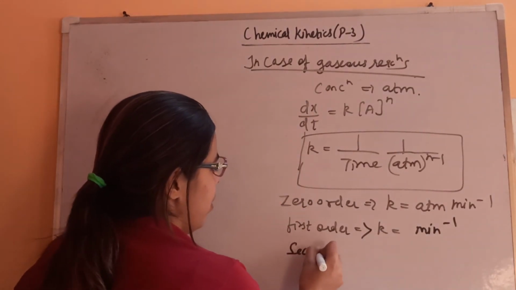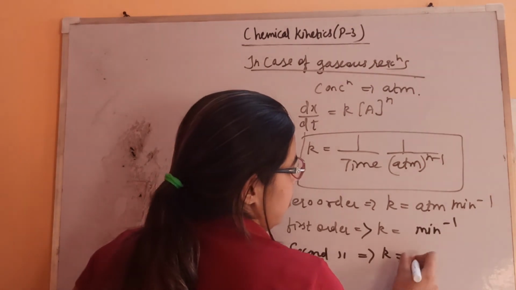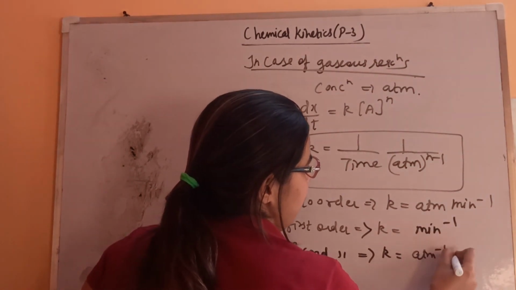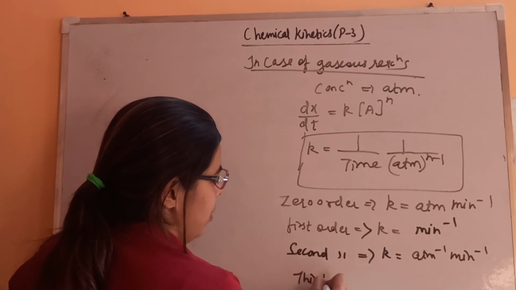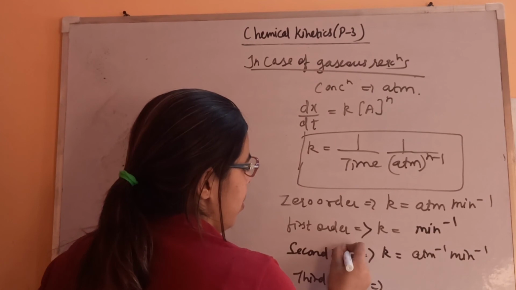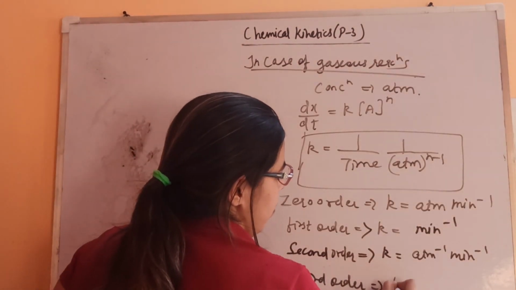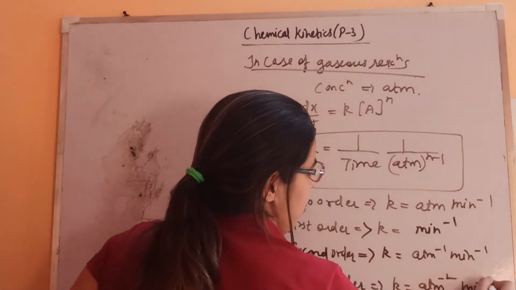Second order, per atmosphere per minute. Third order, per atmosphere square per minute.